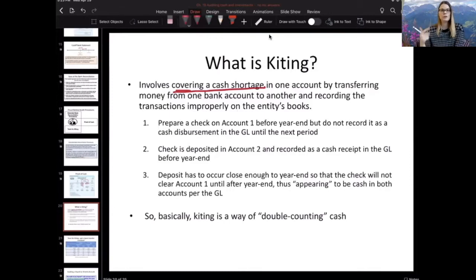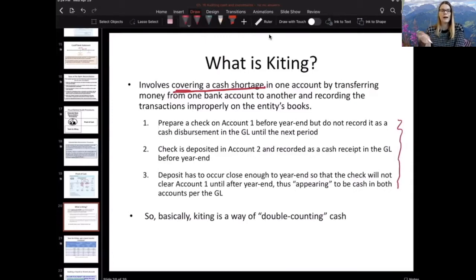And the way we do this is we essentially violate cutoff. I have a few steps here that explain how I do that, but essentially I do it by transferring money from one cash account to another cash account, and I own both of these cash accounts.